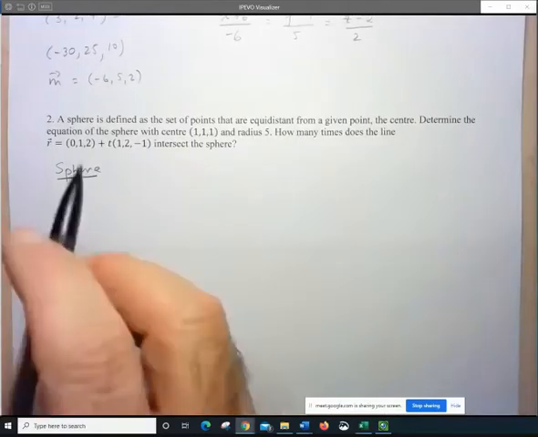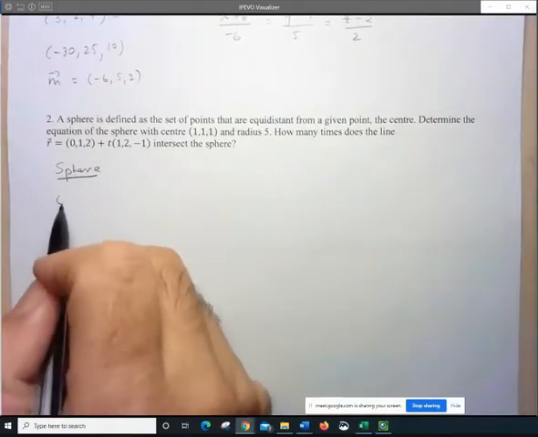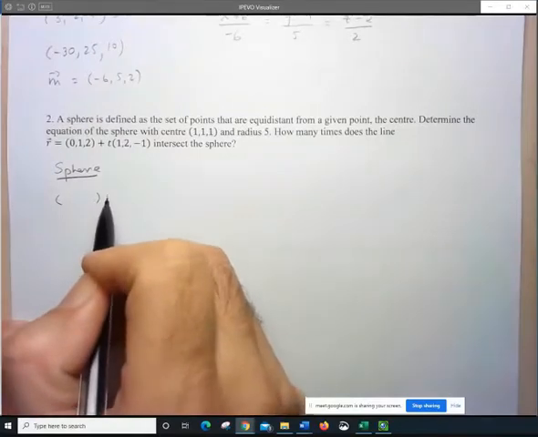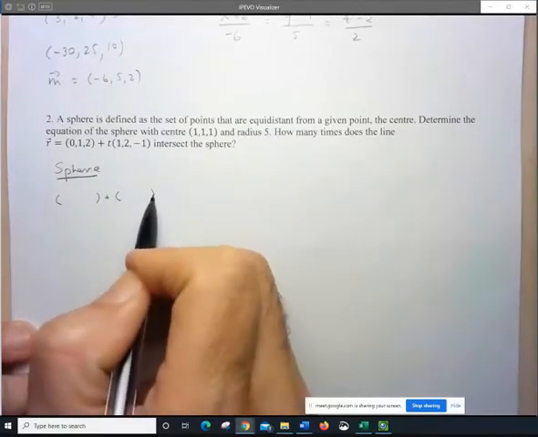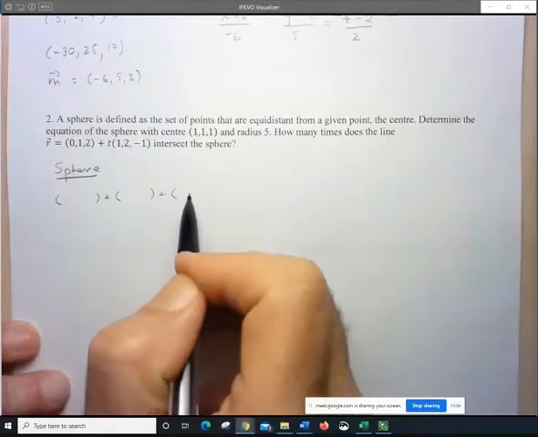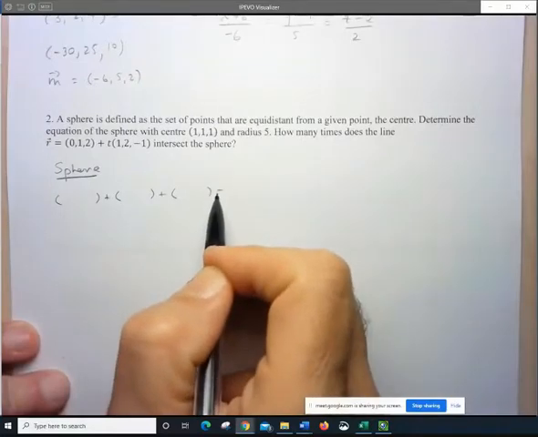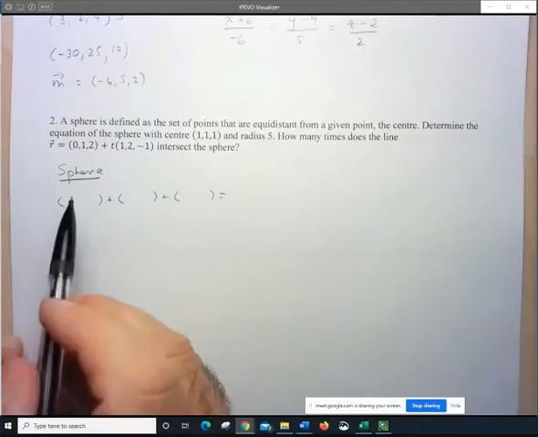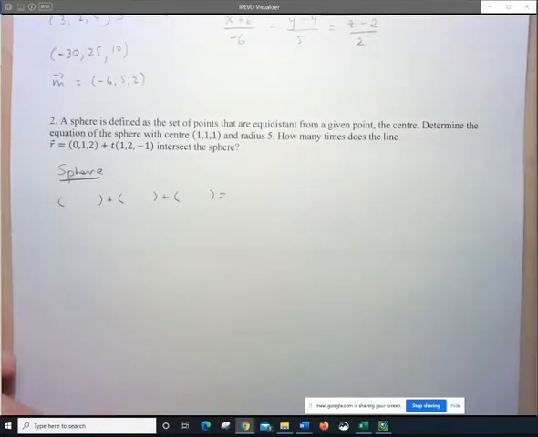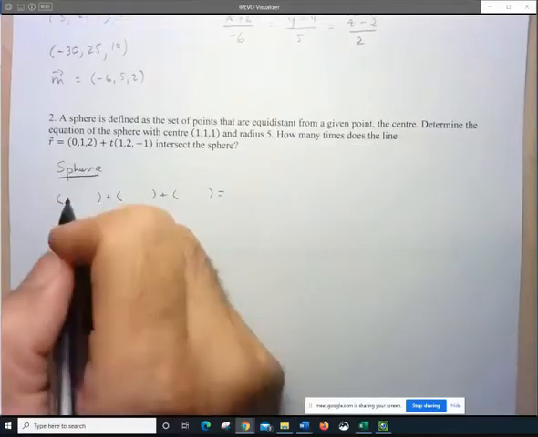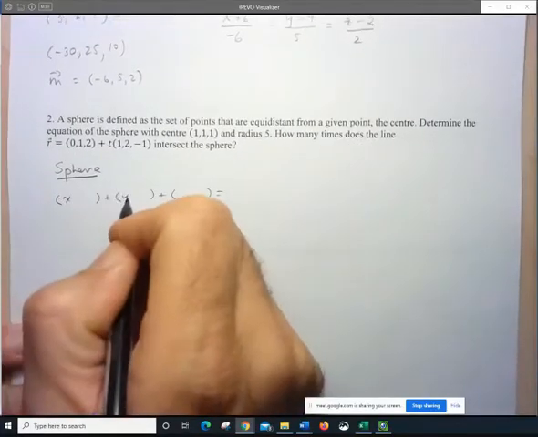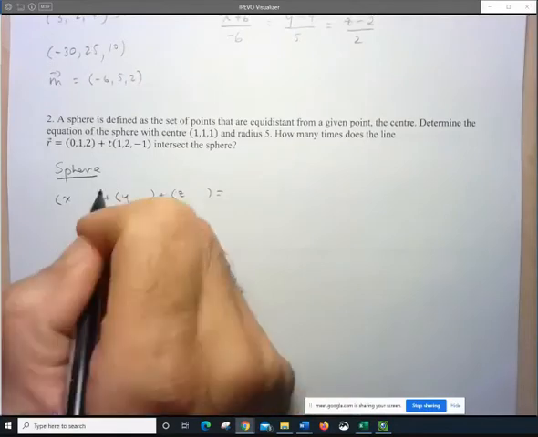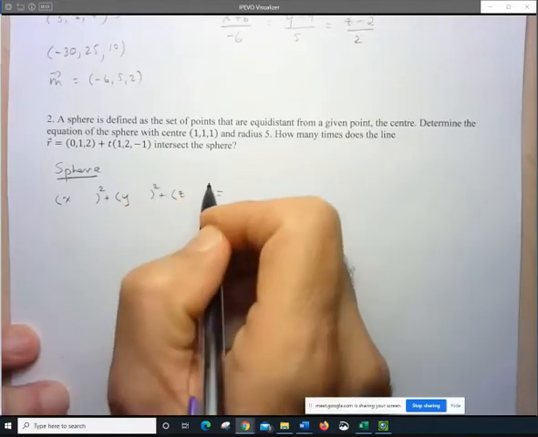So who can tell me what the equation of the sphere should look like? I'll start writing parts of it out, and maybe people can tell me what should be in these missing components. You have x, y, and z, and these are all going to be squared.